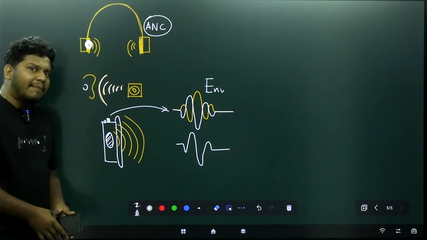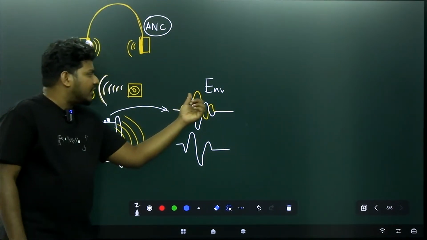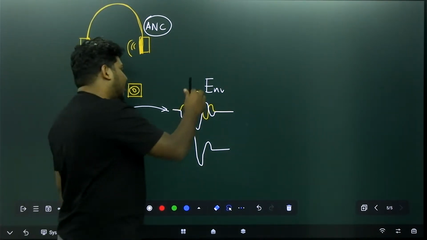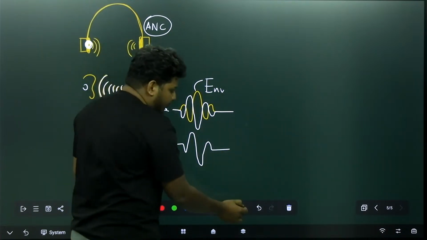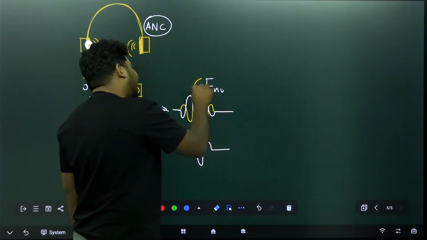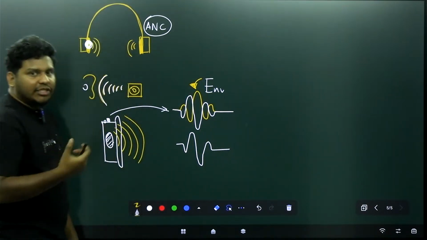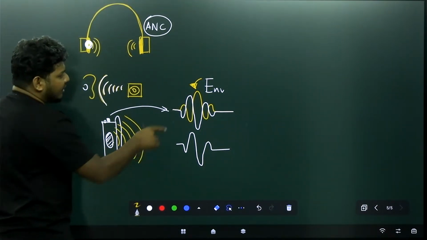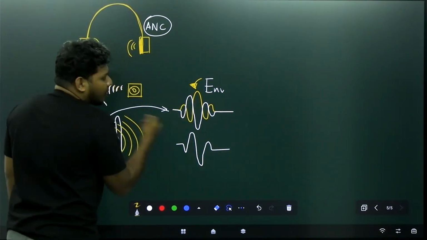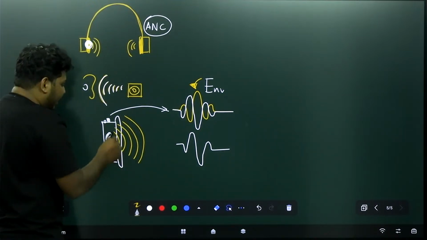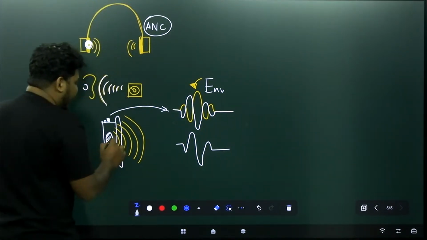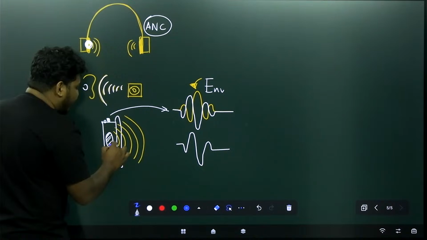So what is actually happening here? Look at this one. This yellow color is the environment sound, and it is being converted again from the mic using a special speaker. It is producing the opposite of this sound, by another speaker here, or the same speaker.